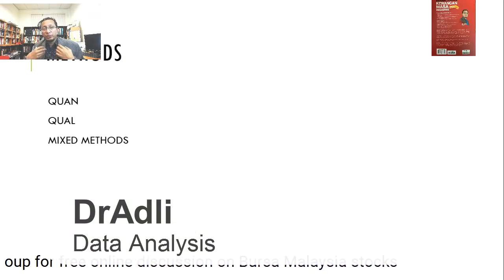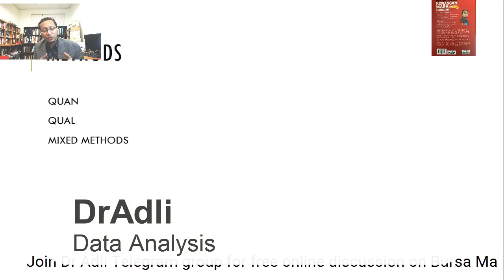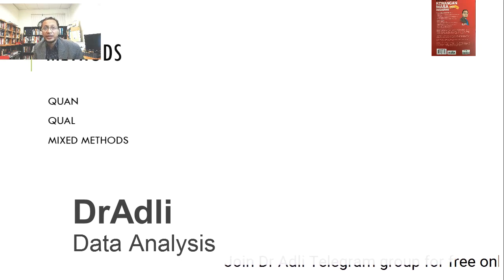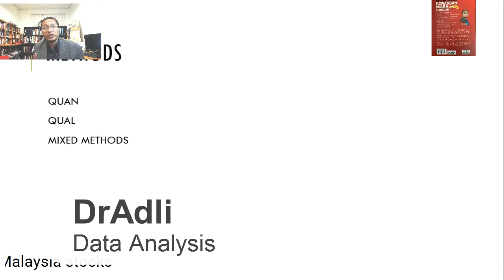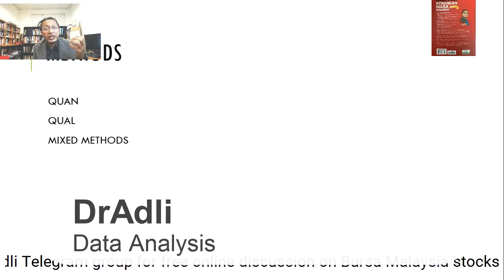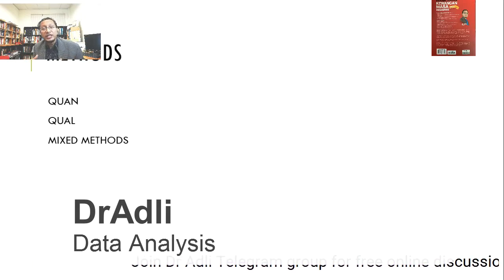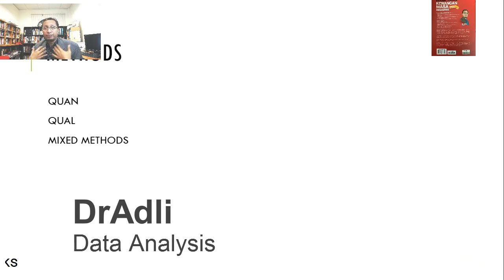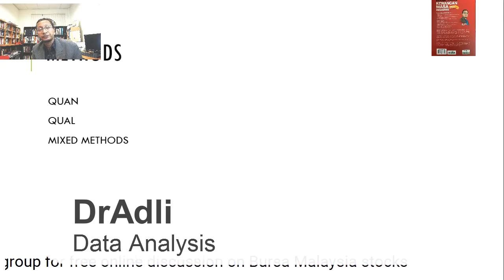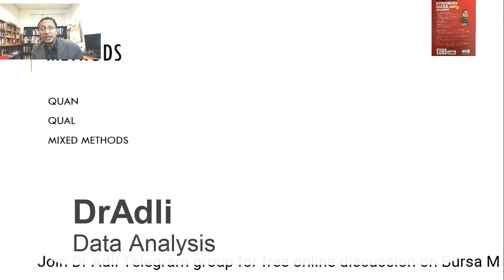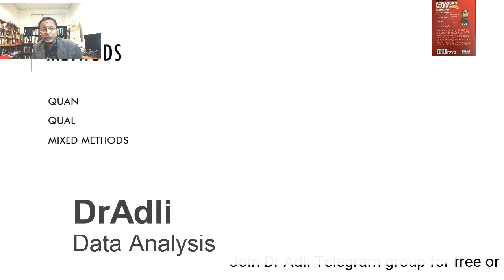So we have different types of methods: quantitative methods, qualitative methods, and also mixed method. Mixed method is a combination of qualitative and quantitative in your thesis. You are doing both. Even for myself, my PhD thesis was done using mixed methods.